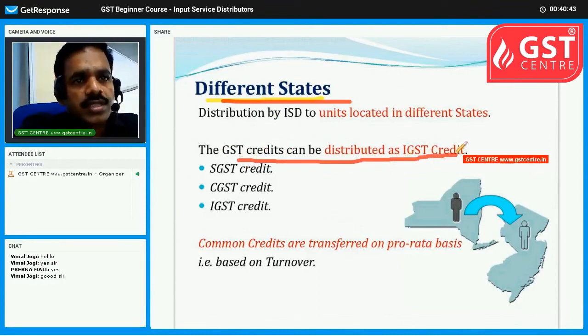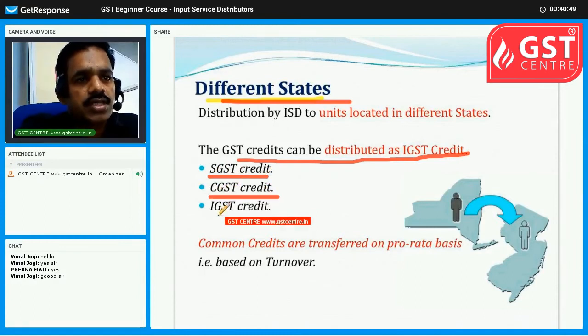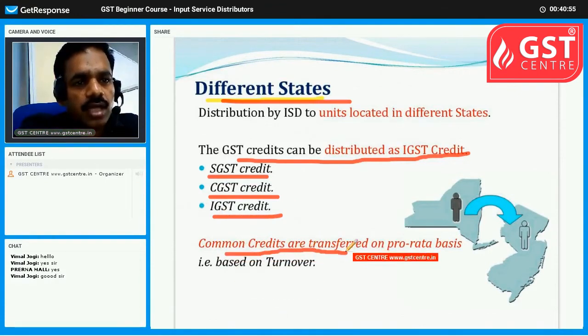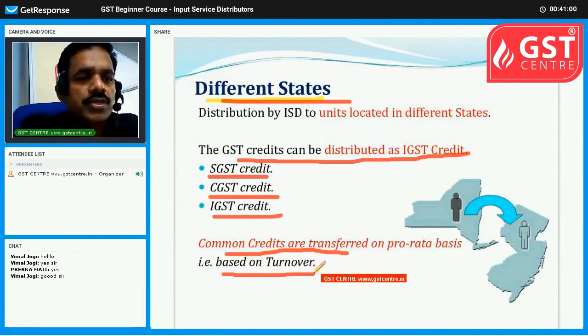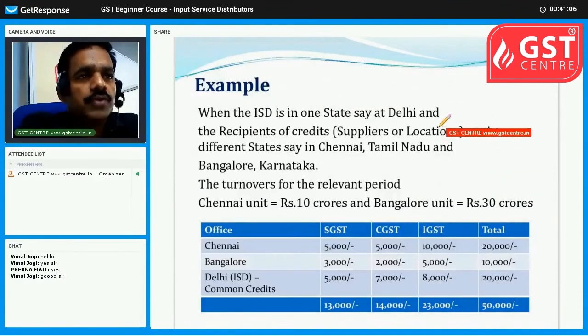The GST credits can be distributed as IGST credit. All such credits, SGST credit, CGST credit or IGST credit, can be distributed as IGST credit. And as we have seen earlier, the common credits can be apportioned based on turnover. Example: how to distribute the input tax credit.